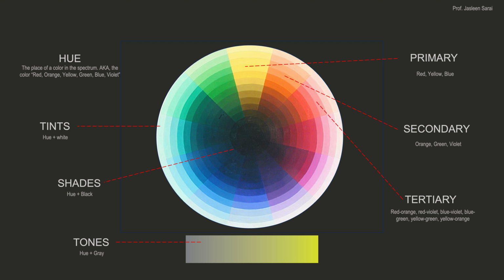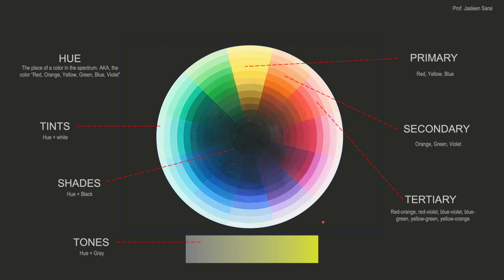So let me just get my little marker. So here we have yellow, we have red, and then we have blue, which are the primary colors. Then you have the secondary colors where you have orange, green, and violet.